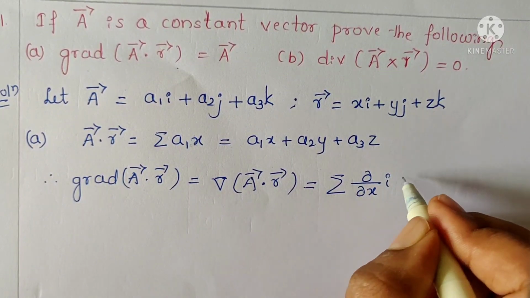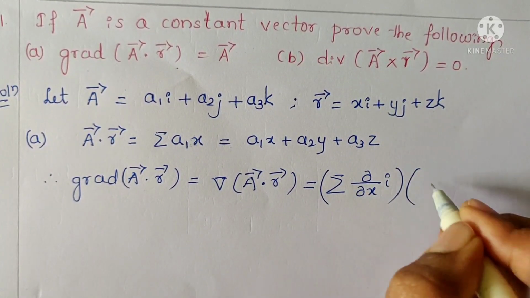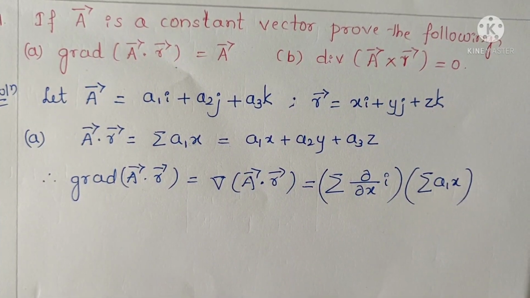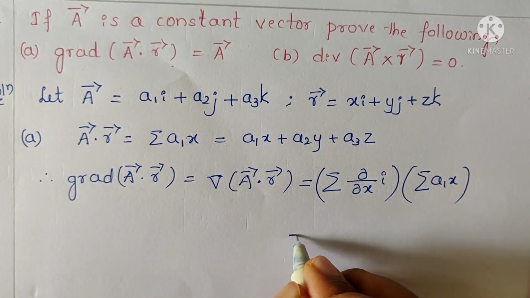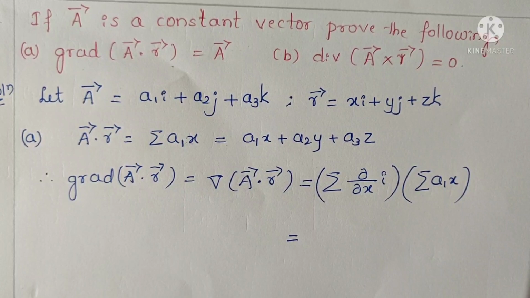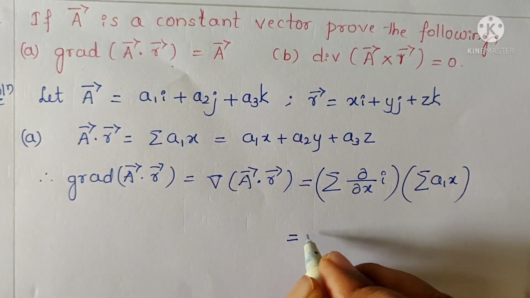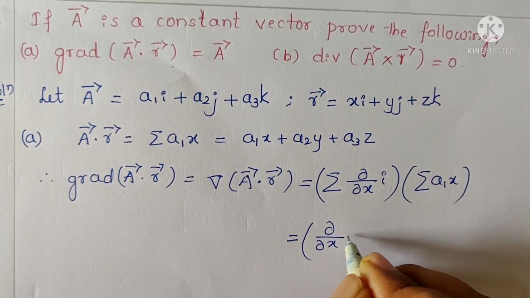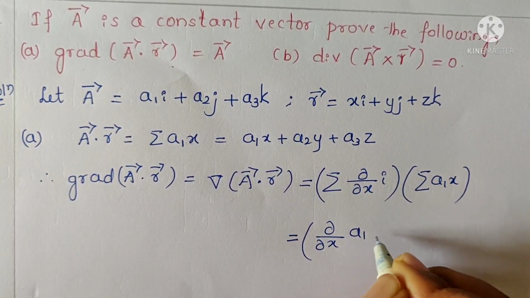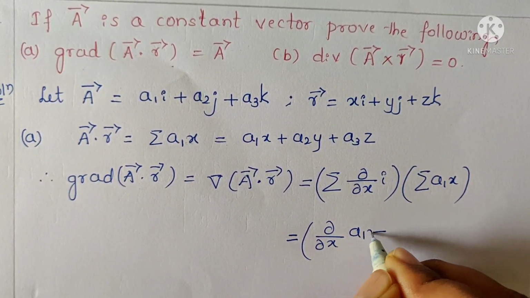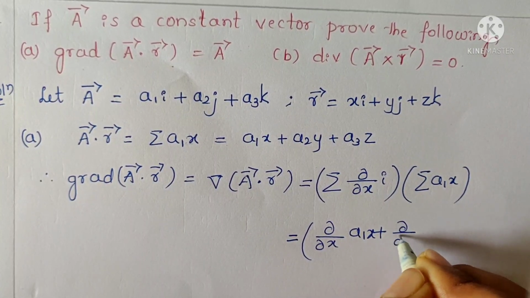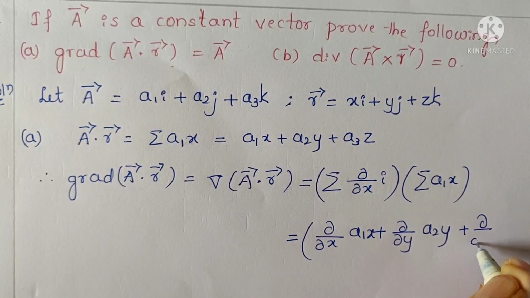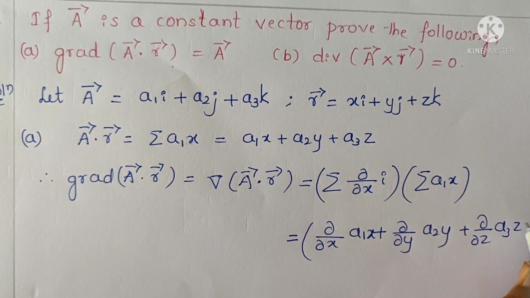Dou by dou x of A1x plus dou by dou y of A2y plus dou by dou z of A3z.